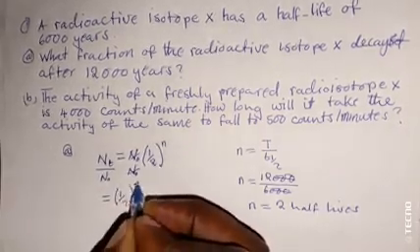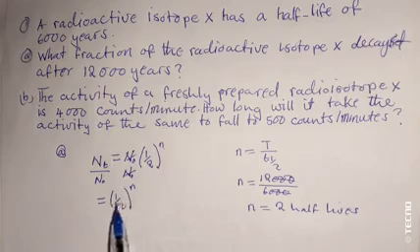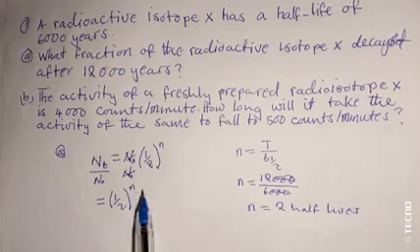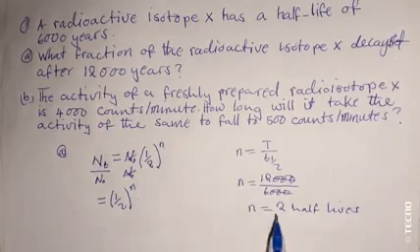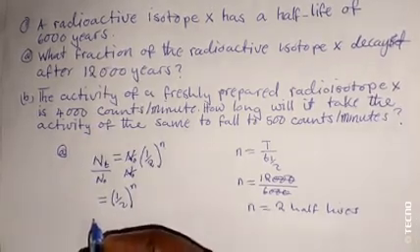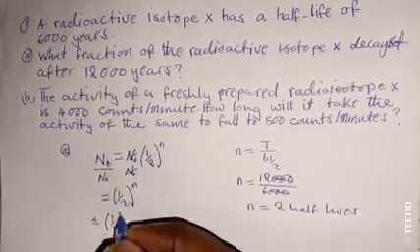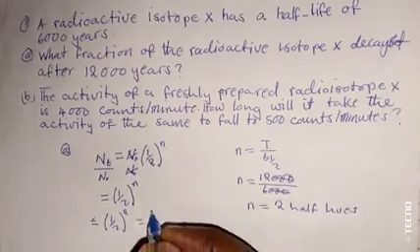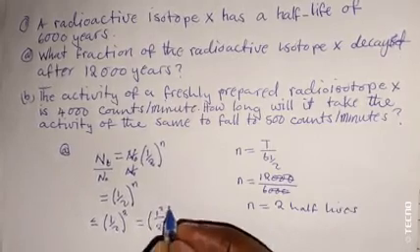This side represents the fraction of a substance that will remain. Where there is n, we replace n with 2, so we have one half to the power 2, which means each number is raised to power 2.